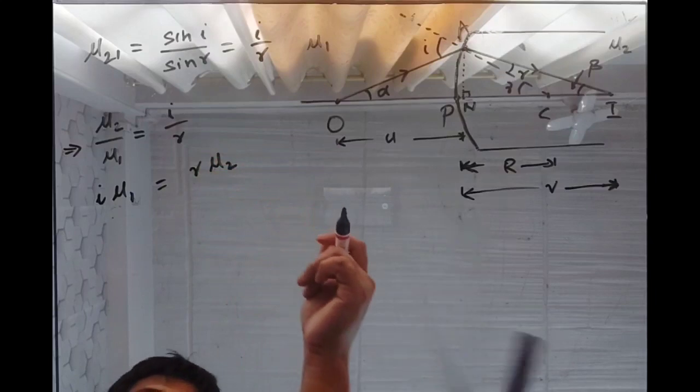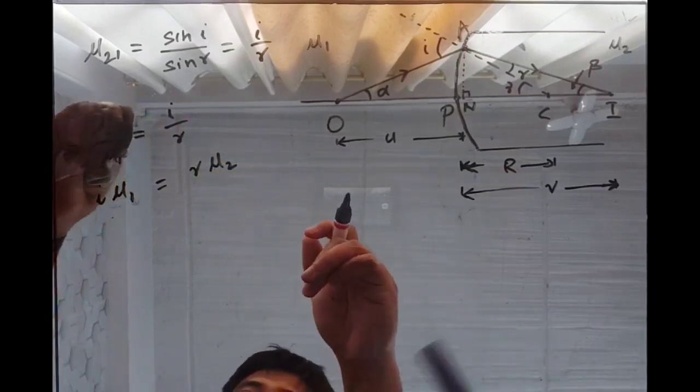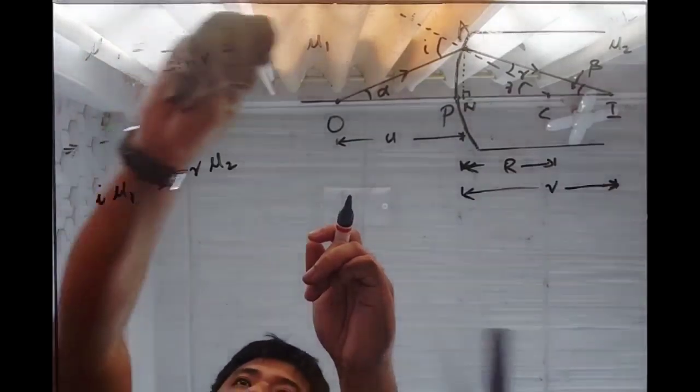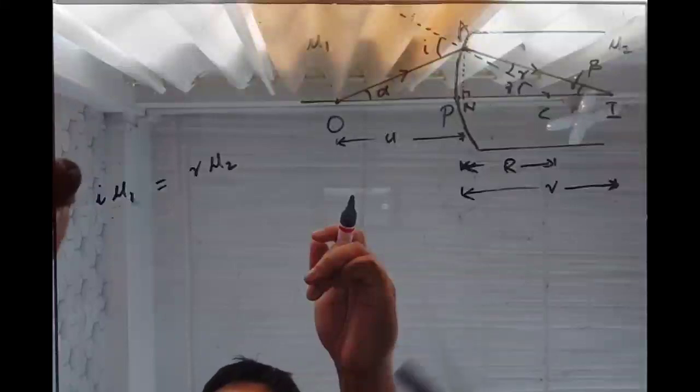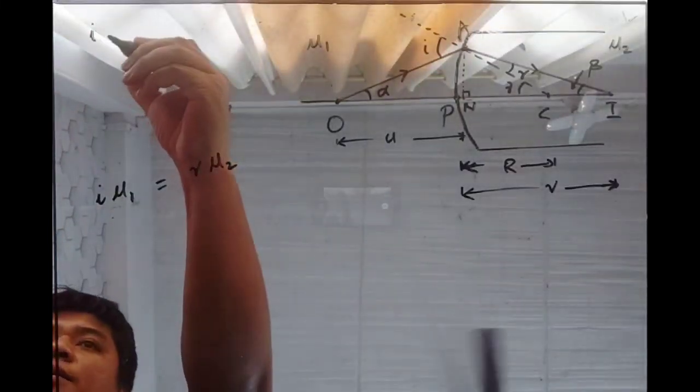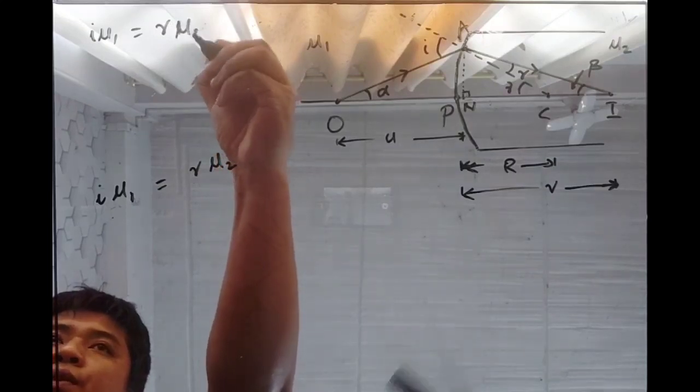Cross multiplying, we get this. So I μ1 equals R μ2.